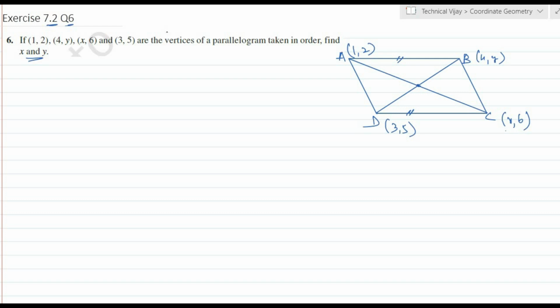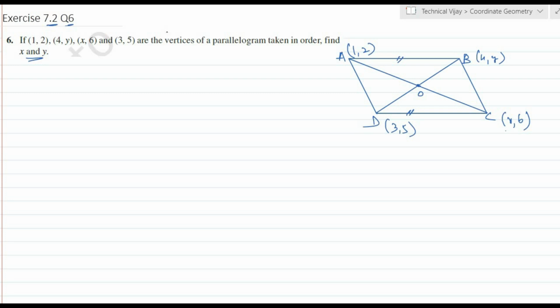Let this point be O. We will find the coordinates of O and equate the midpoint of AC to the midpoint of BD.